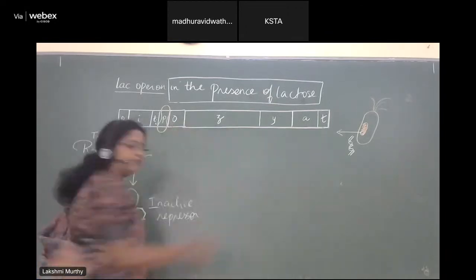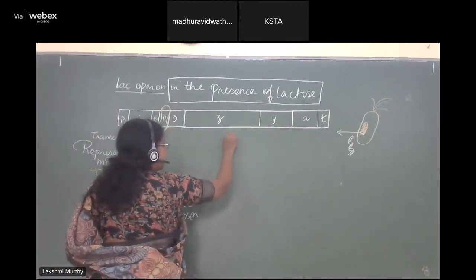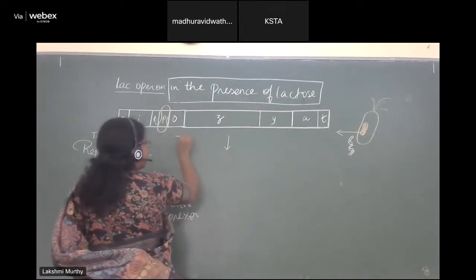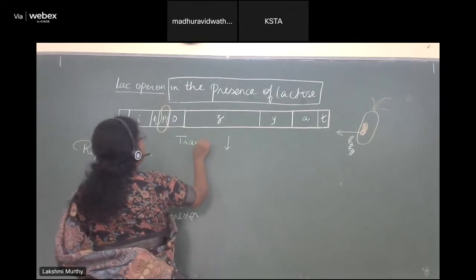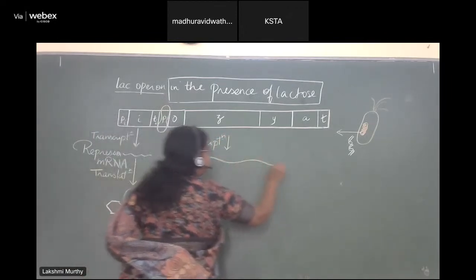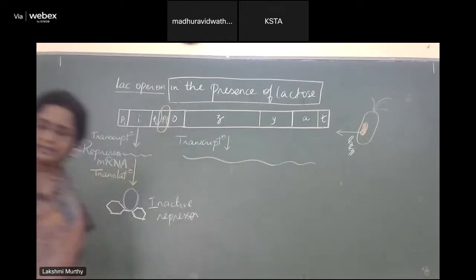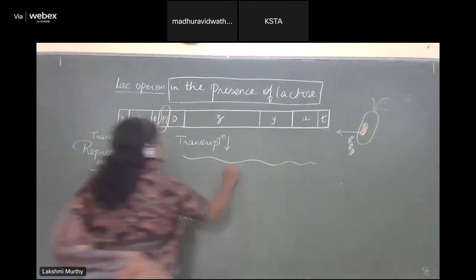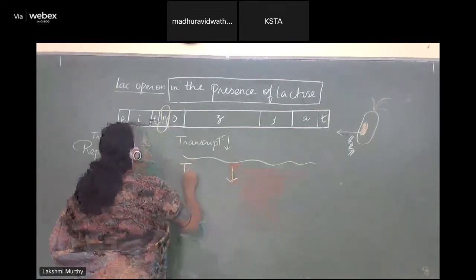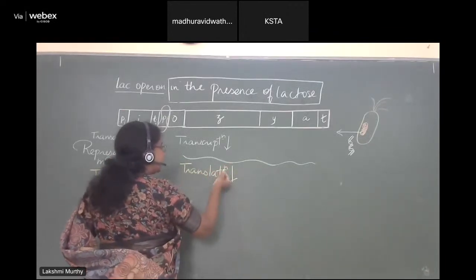So all these will undergo transcription, and when this entire set undergoes transcription, you will be able to manufacture an mRNA, and that mRNA will now undergo translation. And when it undergoes translation, you will produce three enzymes.